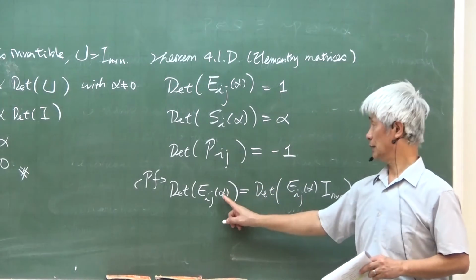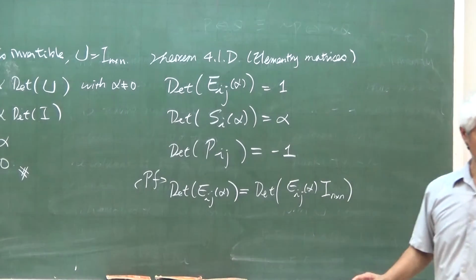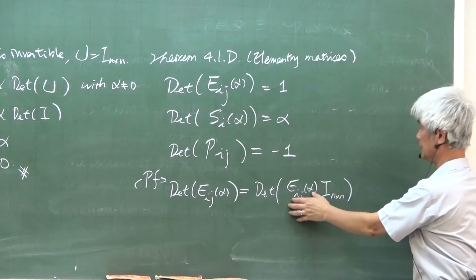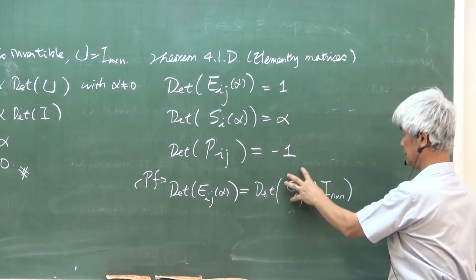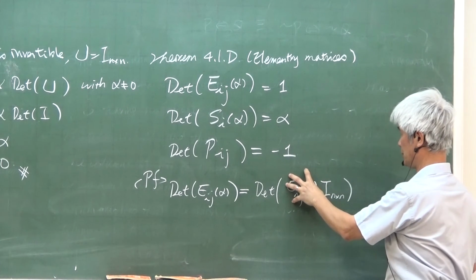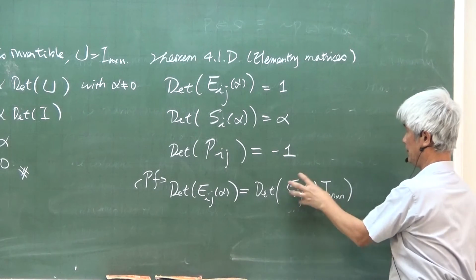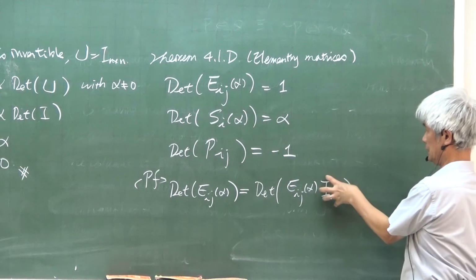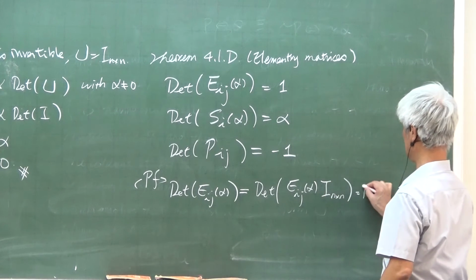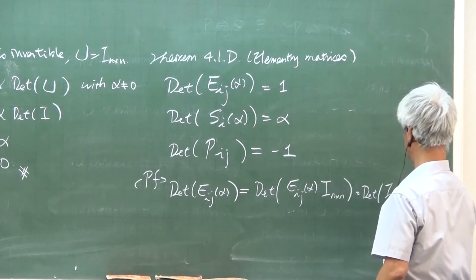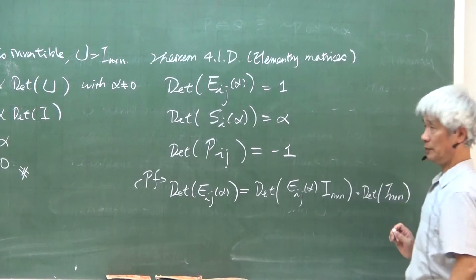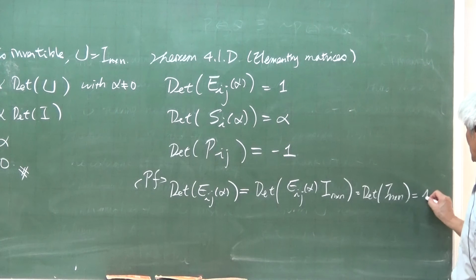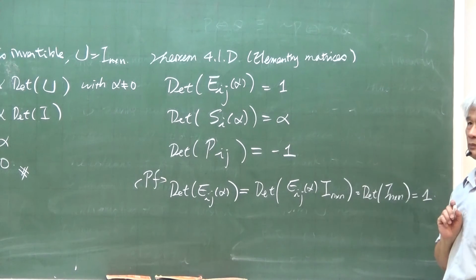So as we know, to obtain this E_ij(alpha), we just apply the replacement operation on the identity matrix. But as we proved, doing the replacement operation on a matrix does not change the determinant of this matrix. And by axiom number 1, this is 1. Okay, so we have that immediately.